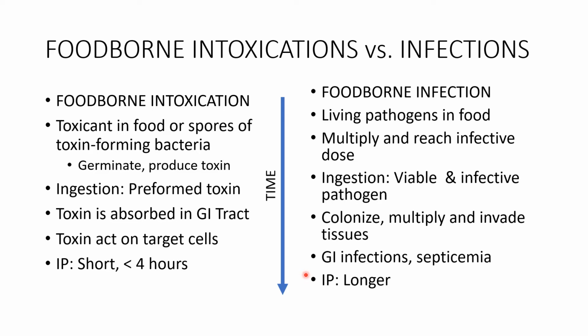They may be sequestered in the GI tract and cause GI infection, or they may reach other body parts or the general circulation rather and cause septicemia. And thus, because there is a need to colonize, to multiply, and then invade tissues, the incubation period of foodborne infections, when you compare it to food poisoning, is actually longer.